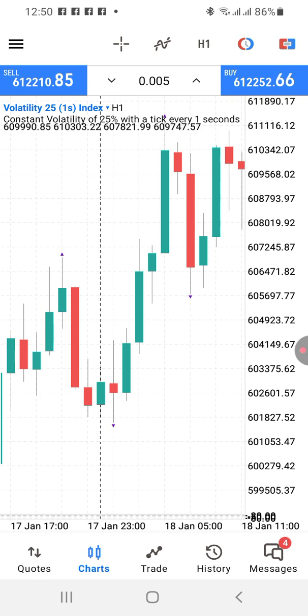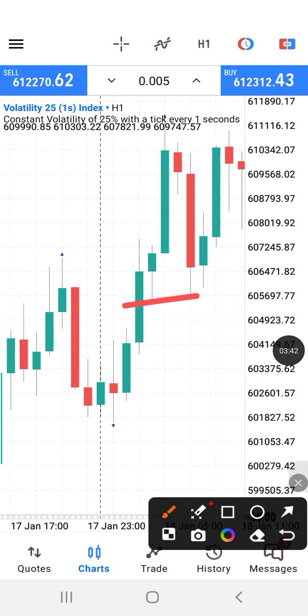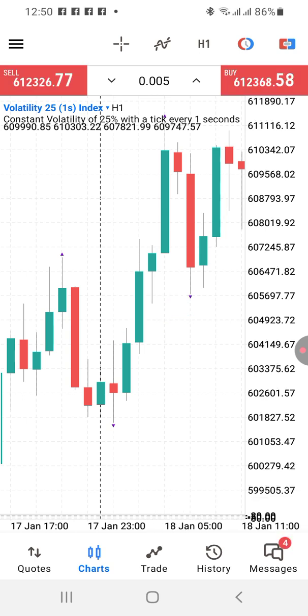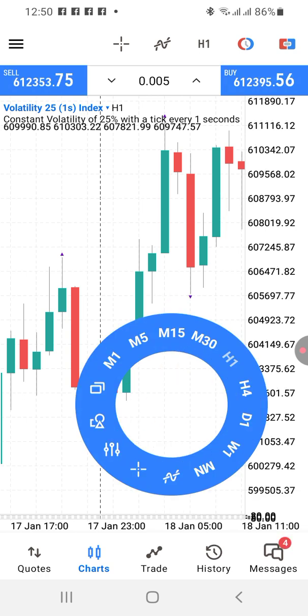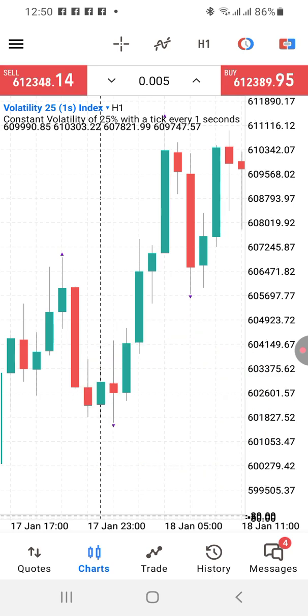How do we look for entry? We place a zone on the fair value gap. We zone the fair value gap, like this. Let me use something different.